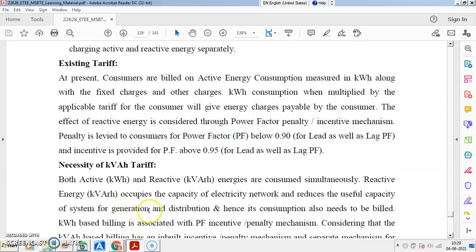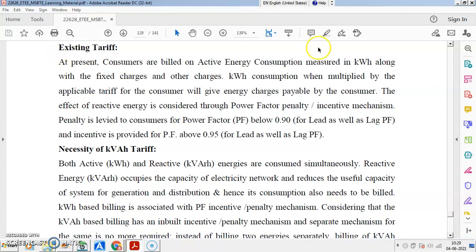Then, the necessity of why this system is there. In the existing kWh based tariff, we know we have the power factor incentive if your power factor is more than 0.95, and we have the power factor penalty if it is less than 0.9. So that is okay, right? No problem at all.